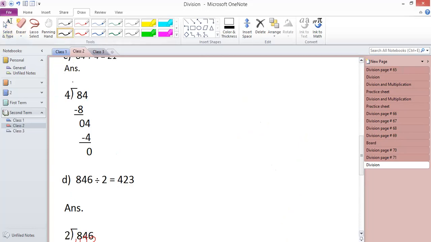How you will do 84 divided by 4, guys? This is 84, and you have to divide by 4.